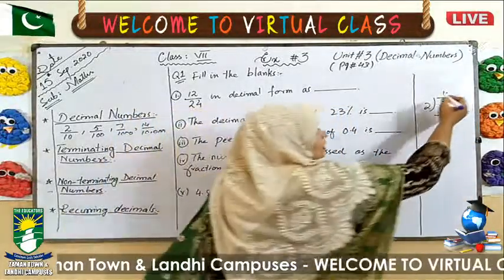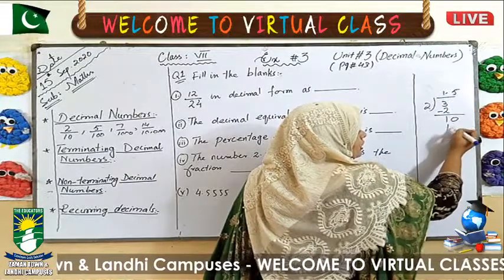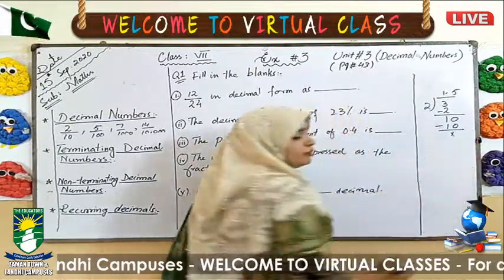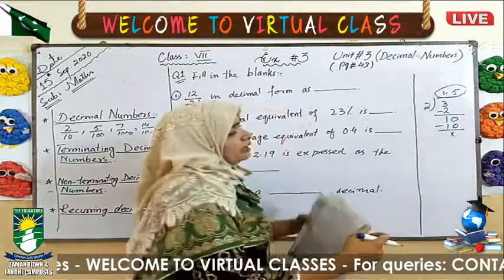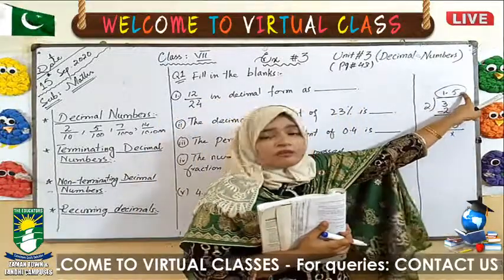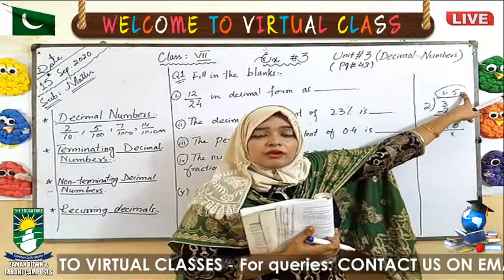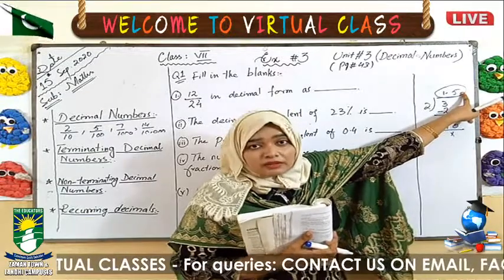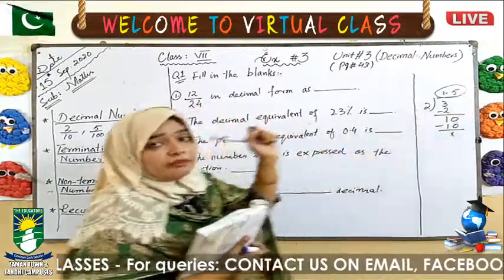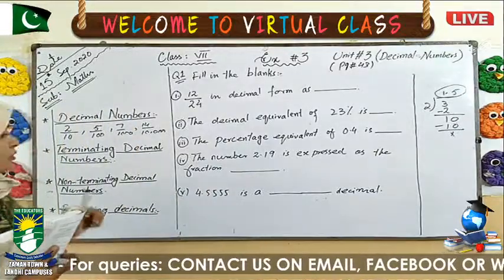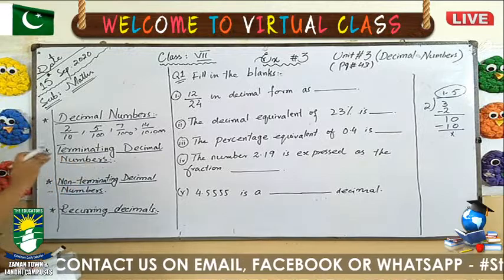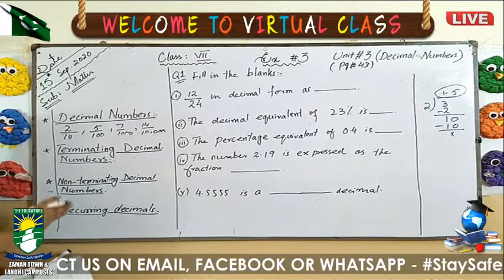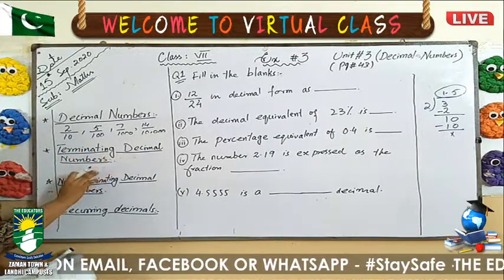Now, 2 fives are 10. If you look at your answer, the number after the decimal is a finite number. So, we say that the fractions or decimal numbers which give you a finite number after the decimal are known as terminating decimal numbers.